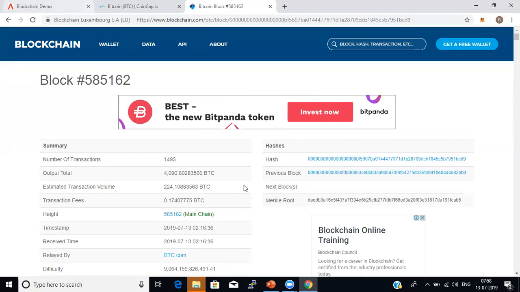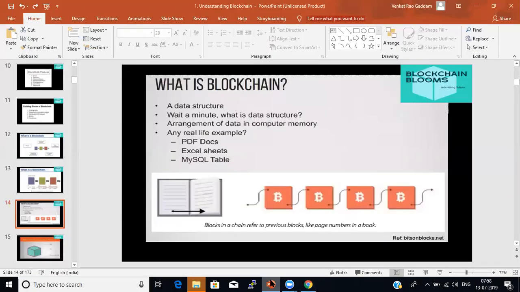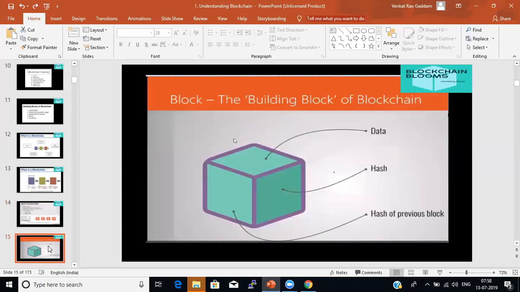Anyway, we'll come back to the slides. Tomorrow we will see how the data is stored in Bitcoin and how Bitcoin transactions are performed. In terms of a block, there will be data in the block.